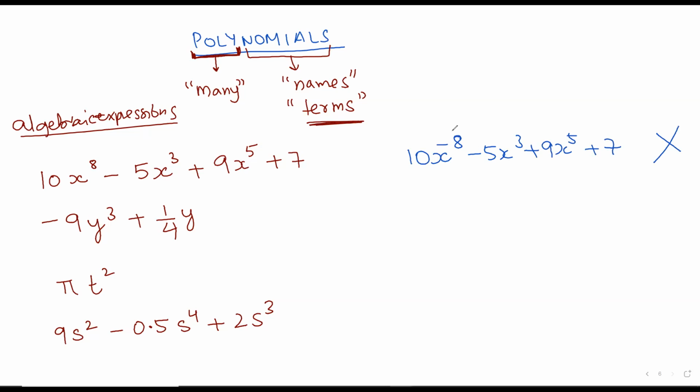Why? Because over here we have a negative power of x. So in order for an algebraic expression to be a polynomial, the power of each of these terms has to be a whole number.